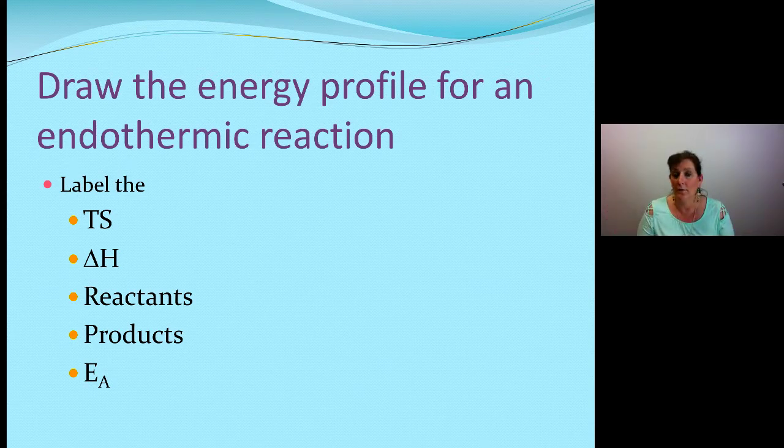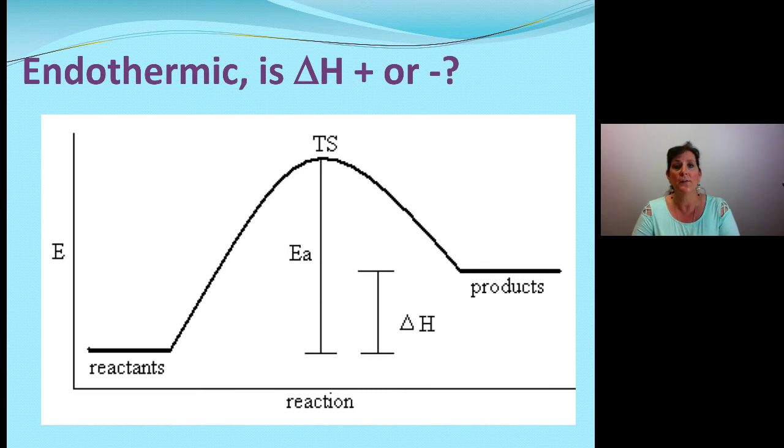I hope you paused. All right, so let's look at your drawing and look at my drawing and see how close you were. So here is the endothermic energy profile. Notice now the reactants are lower than the products. We have to have heat go into the reactants to raise them up to the product level. So endothermic, into heat.